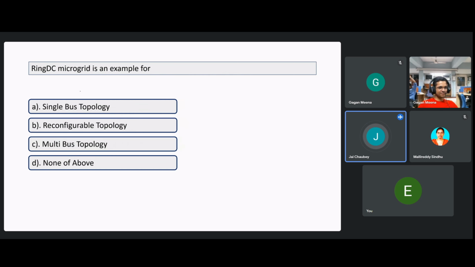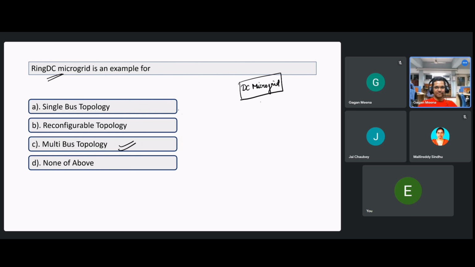Next is this: ring DC microgrid is an example of which one? Single bus, reconfigurable, or multi-bus? Multi-bus topology, because we are ring, no?